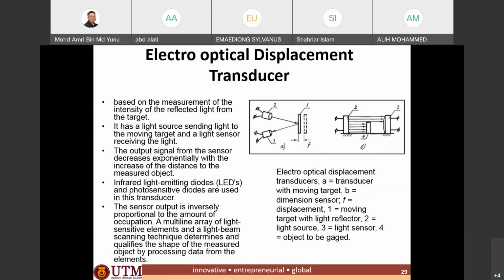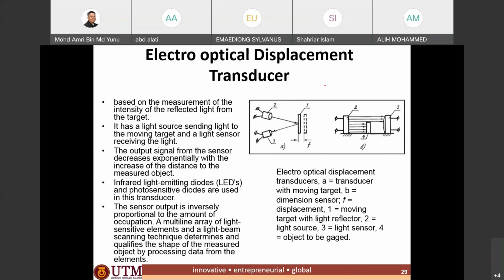The intensity of light that travels from the transmitter to the receiver depends on the total path length.